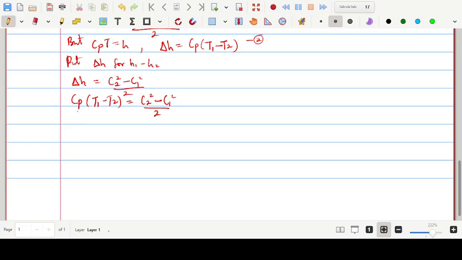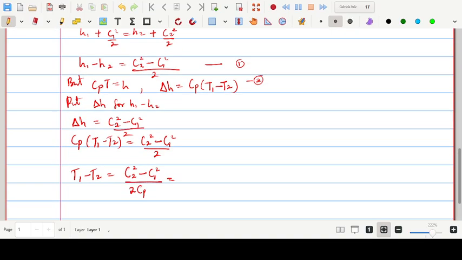So if I'm to substitute, or better still, let me divide both sides by this. I have T1 minus T2 is equal to C2 squared minus C1 squared divided by 2Cp. So on substitution, what will I have?